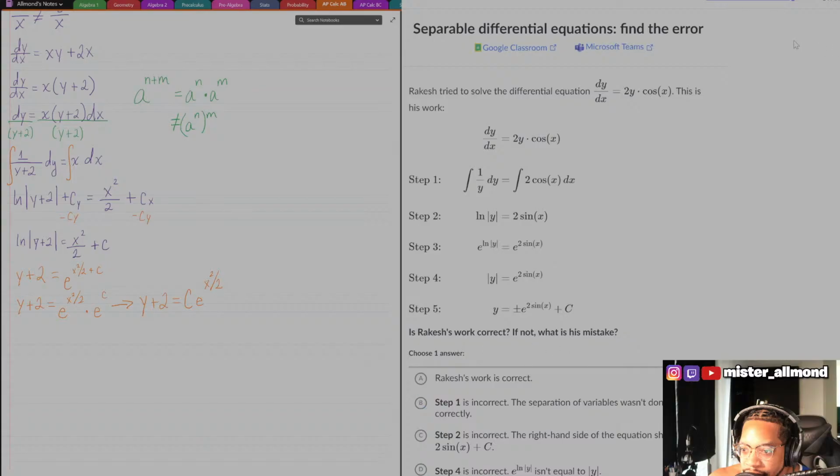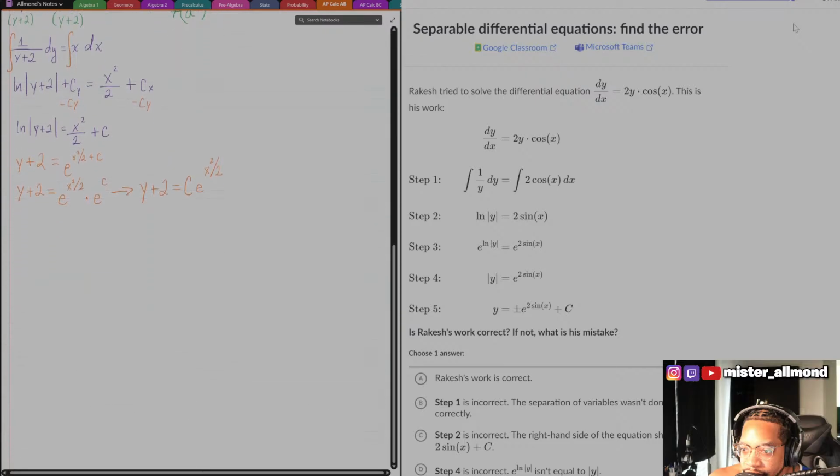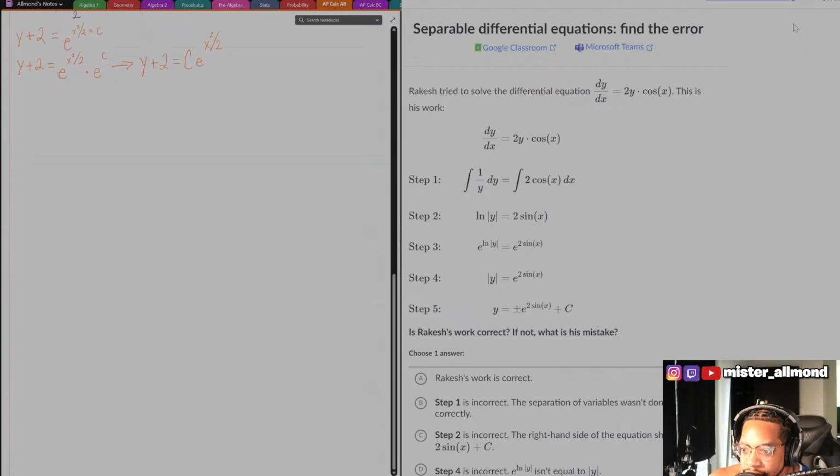I think all 4 of these questions are error analysis or find-the-mistake type questions, but I'm still going to work them out so y'all can see how it goes. For this next question, they start out with dy dx, and it looks like we've got to separate variables because there are x's and y's on both sides.